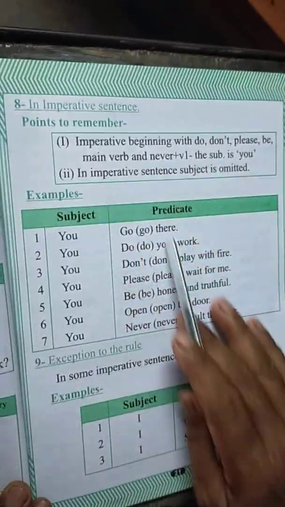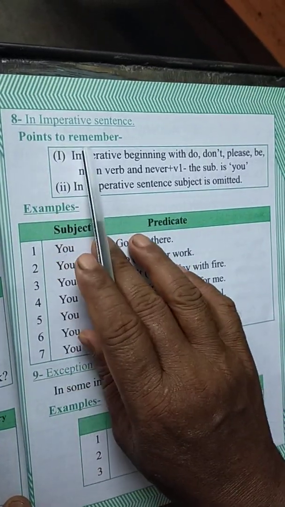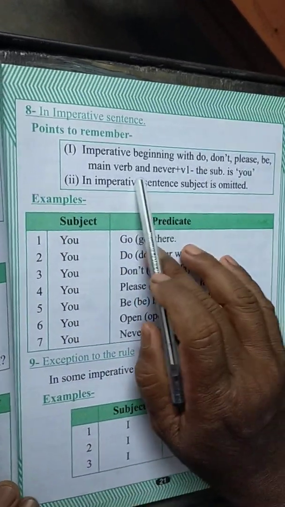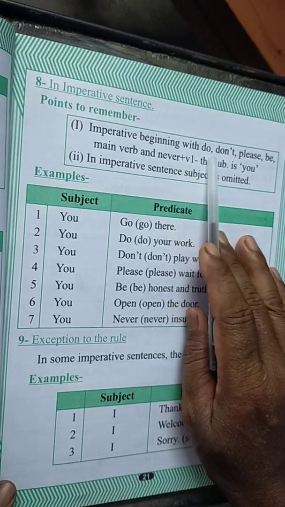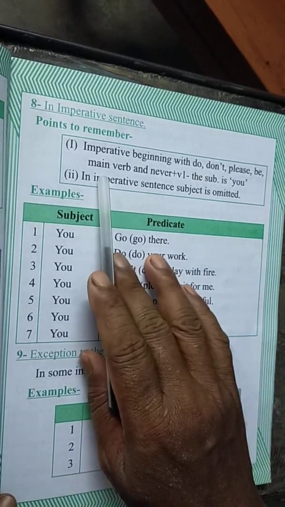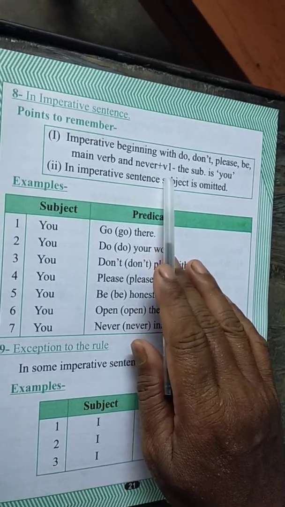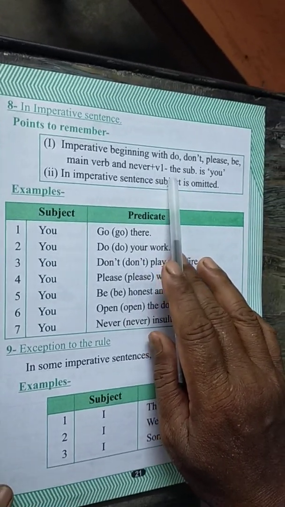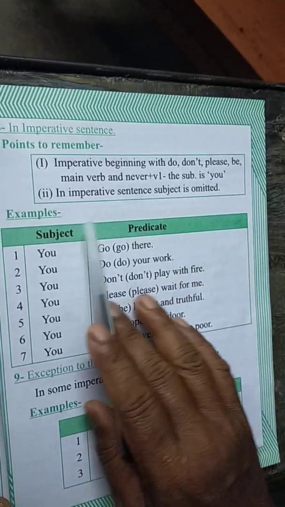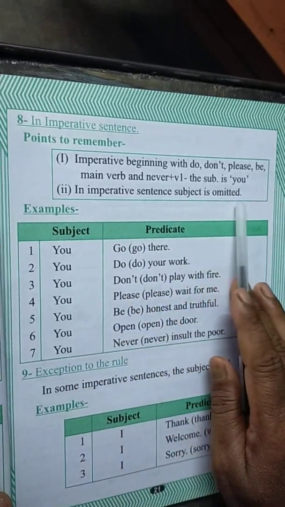In imperative sentences, what happens? Now you have to remember the points first. Imperative sentences begin with do, don't, please, be, main verb and never plus verb 1. The subject is you. In imperative sentences, the subject is omitted.